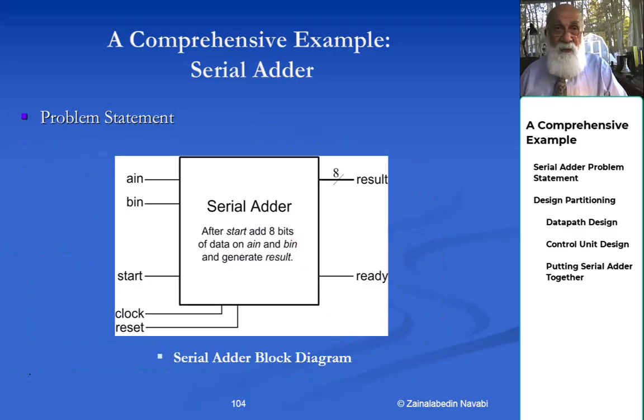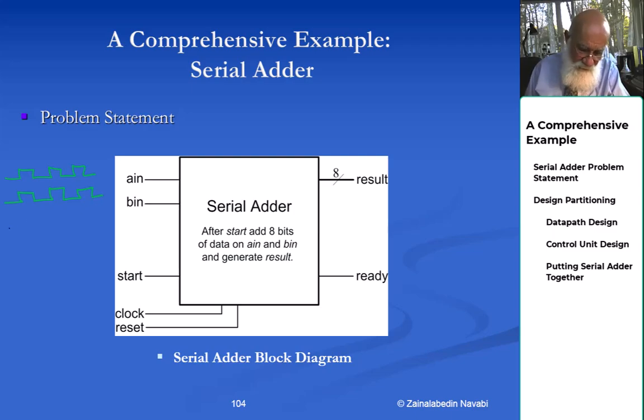The example I'm using, like I said, is a serial adder, and it has a clock, it has a reset, it has a start input. After a start, it will start taking data from A and B. So data on A and B come in like this, synchronized with the clock.